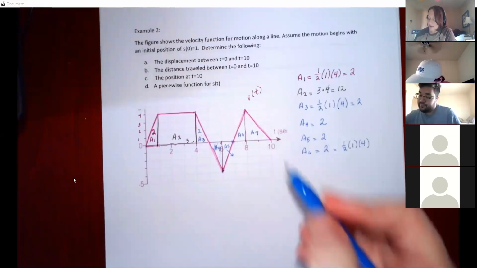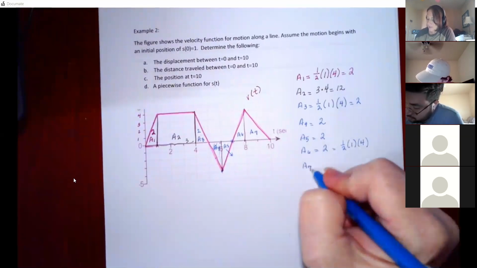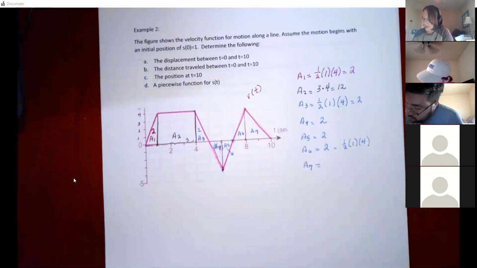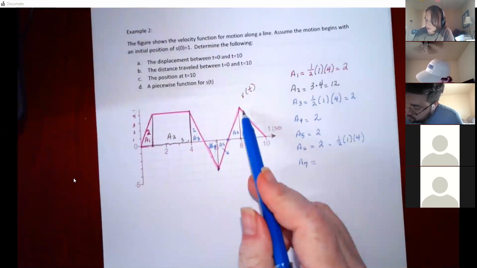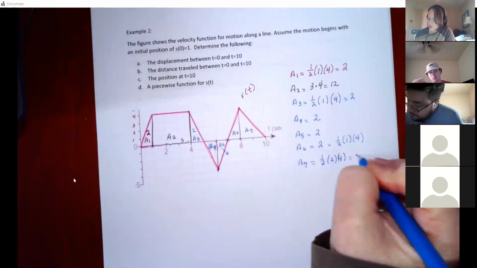All right. And so let's do the very last one. A7. Would that be 4? Yes. Let's see, it goes 2, yeah, it will. So it'll be 1/2 of a 2 by 4, or 4 square units.